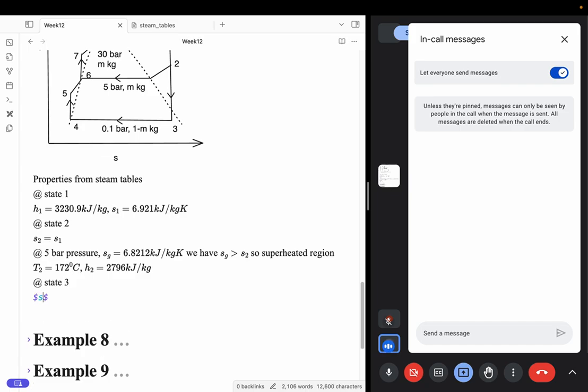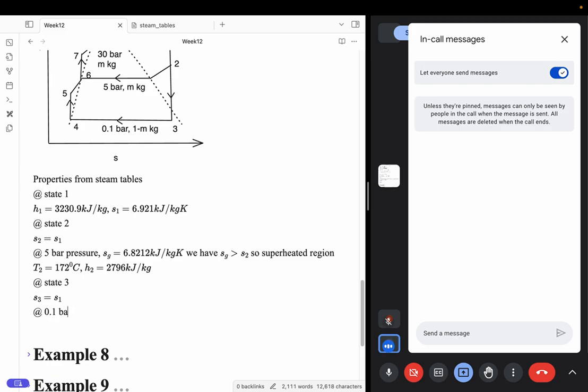At state 3, what do we know? All we know is S3 equals S1. We also know the pressure, 0.1 bar. From the steam tables we can get all the values.